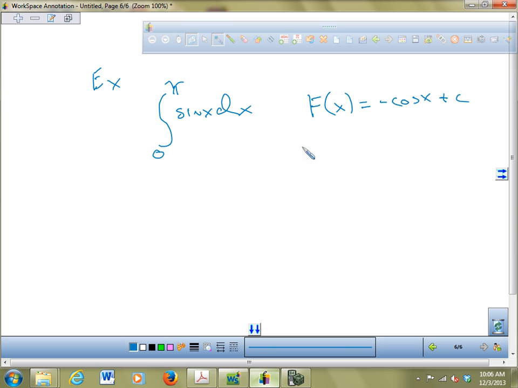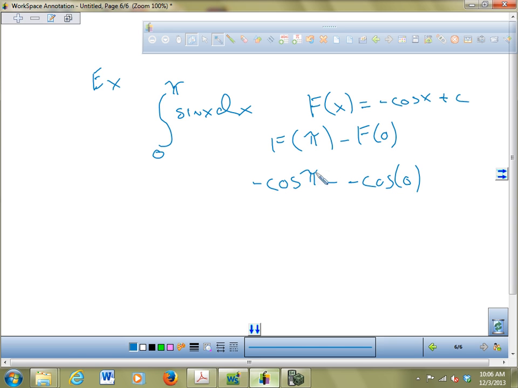Again, we're not going to have to worry about the constant. So I'm going to go big F of pi minus big F of 0. So I'm going to get negative cosine of pi minus negative cosine of 0.